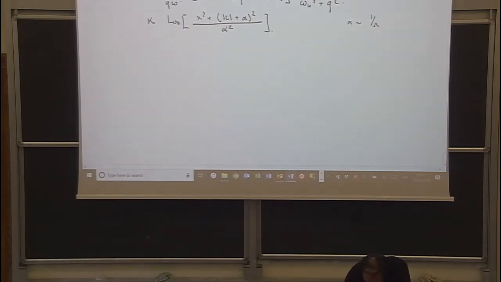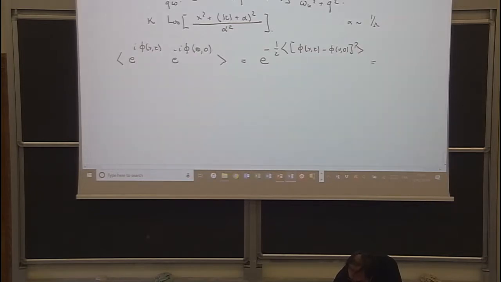Let me give you another one. If I have the average of exponential of i phi of x and tau, exponential of minus i phi of 0, 0, then it's easy to show that you get this, which is exponential of minus 1/2 of the average of (phi of x and tau minus phi of 0, 0) squared.